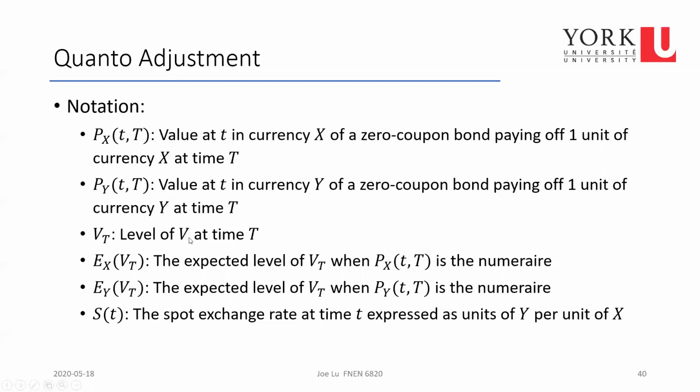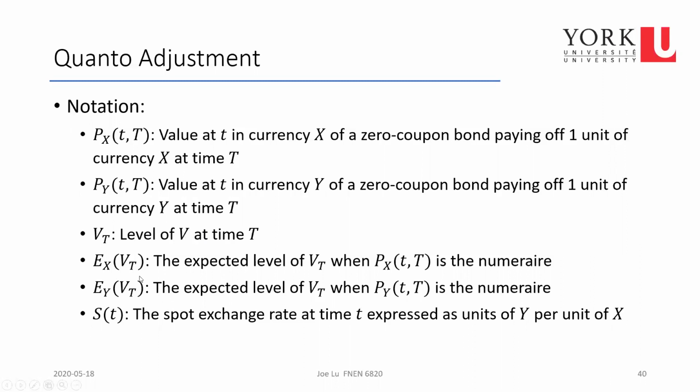V is some sort of a variable or some level. So in the example we had, it will be the S&P 500 index. And so the payoff may be at T, and so you need to observe the value of the S&P 500 index at time T.